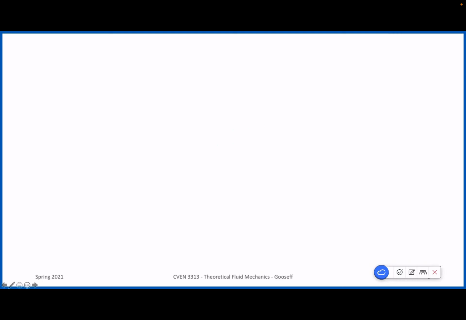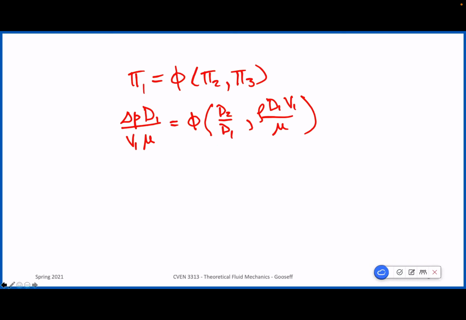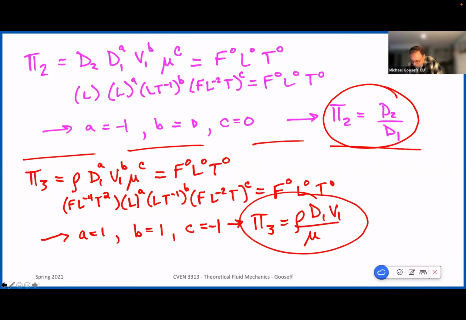I have just one question. Sure. Is there any way to tell which ones you picked as the repeating variables? Yeah, I mean, so the recommendation is generally like the simplest ones, which is a little bit hard to identify. And so, for example, let's just go back to this one real quick.